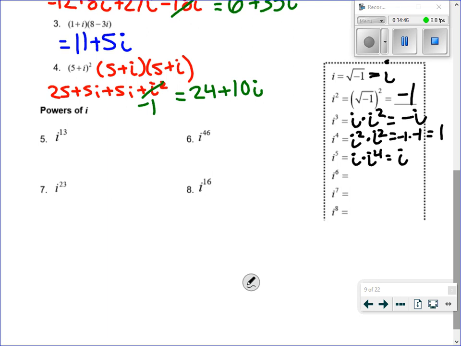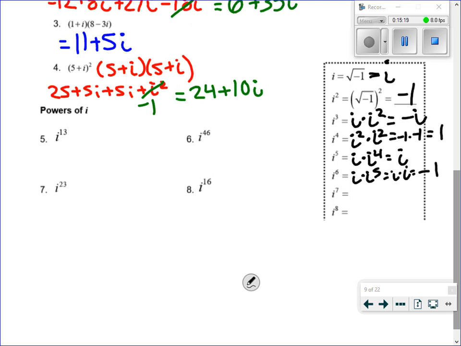It could become, just in terms of i, i times i to the 5th, right? So what is i to the 5th the same thing as? i. So this is really i times i, which is i squared. What do I know i squared is equal to? Negative 1.